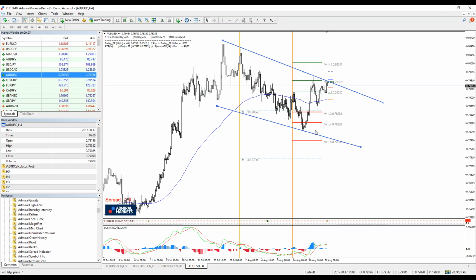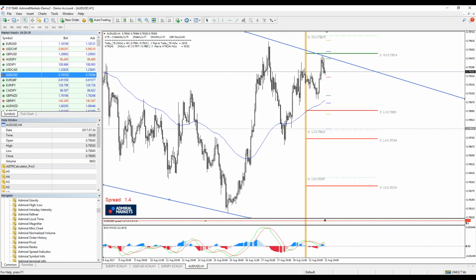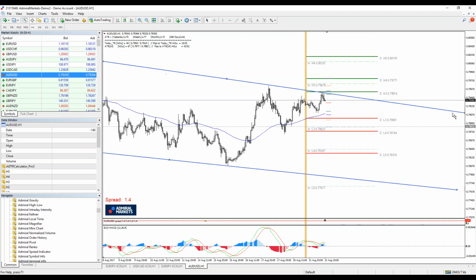So 78.80 for me is buying spot, and that 78.80 corresponds to projected ATR low here. Now, if we zoom into 1 hour time frame, it's more visible.